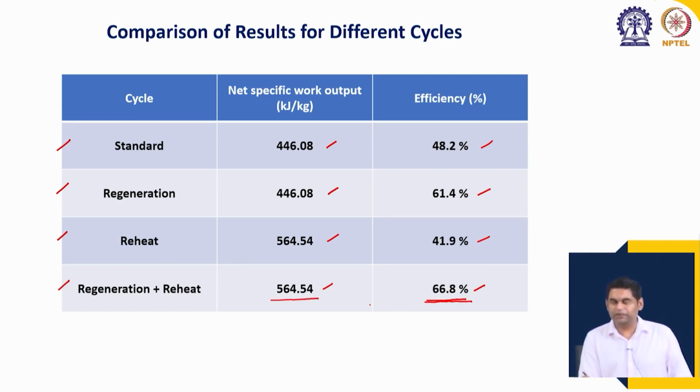So, this has the benefit of both high work output plus the highest efficiency among all these 4 cycles, and you should try to think and logically find the reason for which adding the reheat to the regeneration increases the efficiency, while adding reheat to the standard cycle decreases that efficiency.